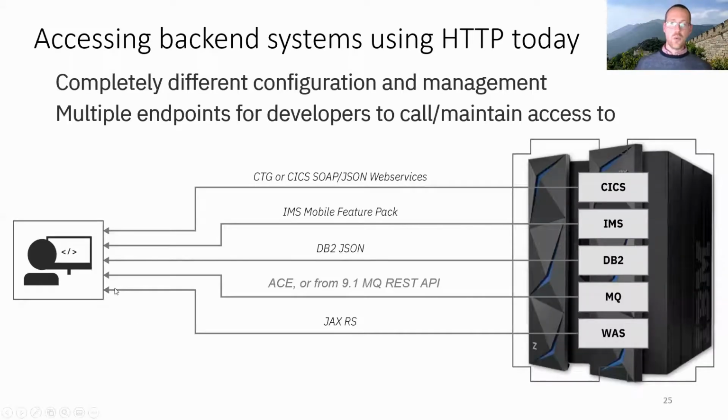So what is z/OS Connect? Well, let me start back a little bit. REST APIs are valuable to customers because you can run them from anywhere, right? You can run them from the cloud, you can run them from your phone, you can drive them from anywhere.